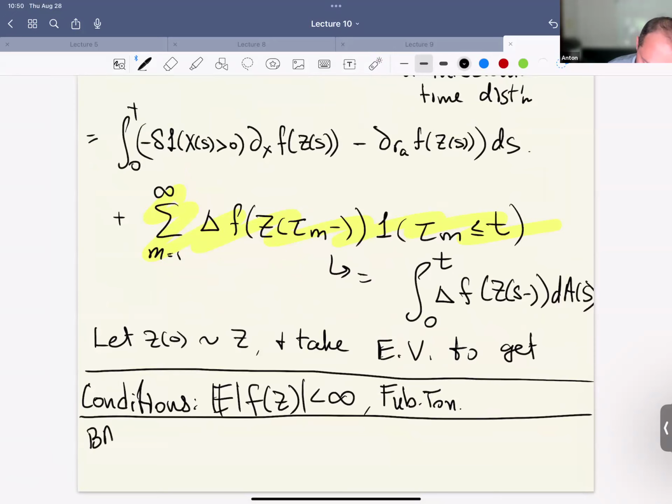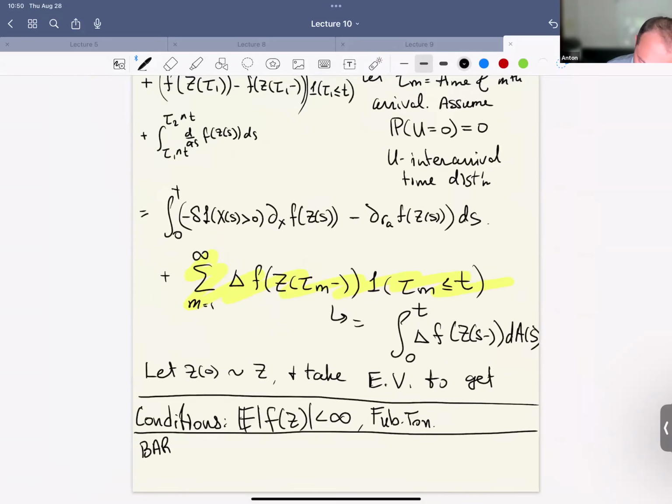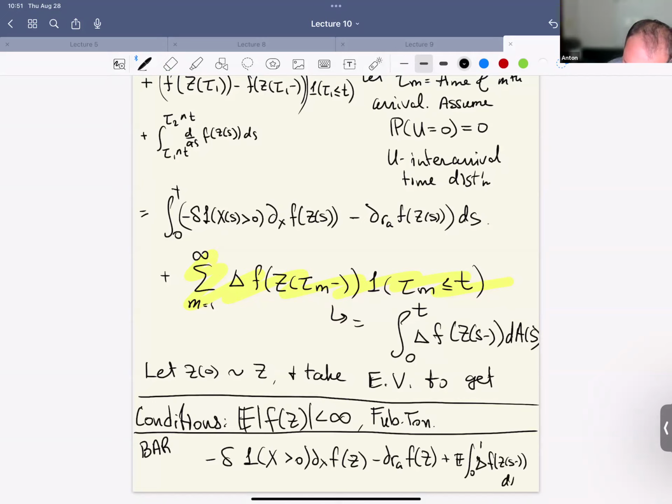I get the BAR. So negative delta indicator x bigger than 0, partial x f of z minus partial second coordinate f of z plus expected value 0 to 1 delta f of z of s minus dA of s.